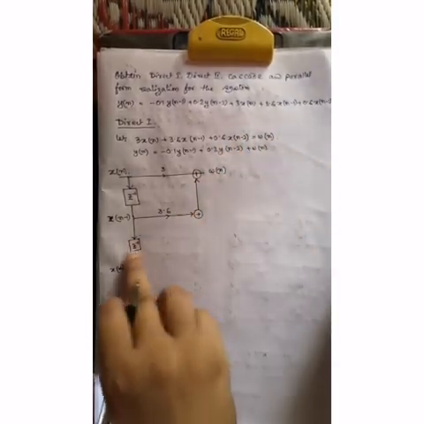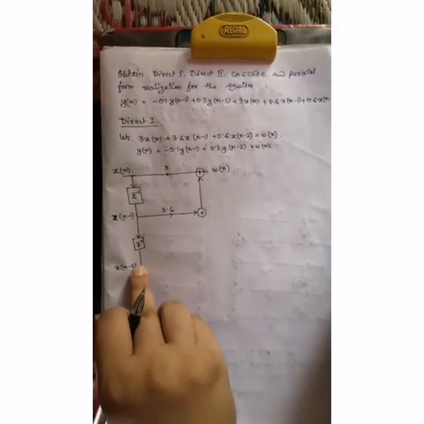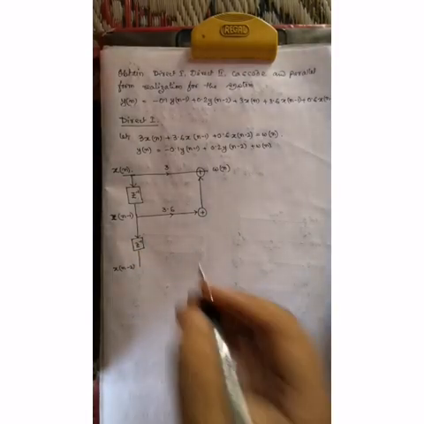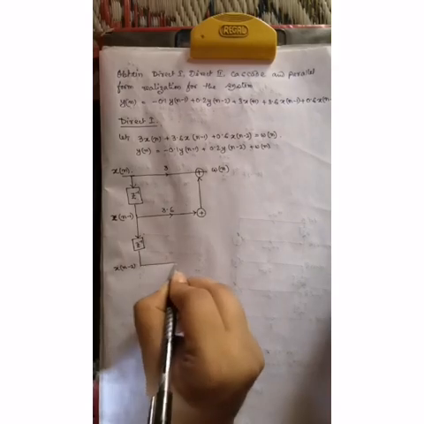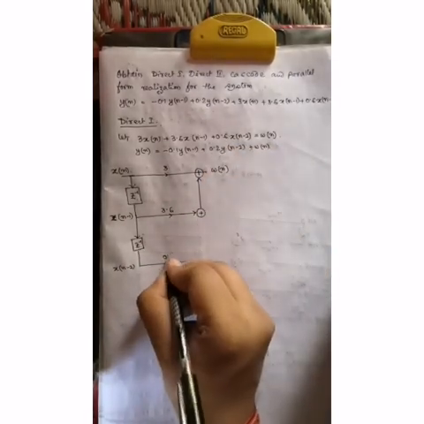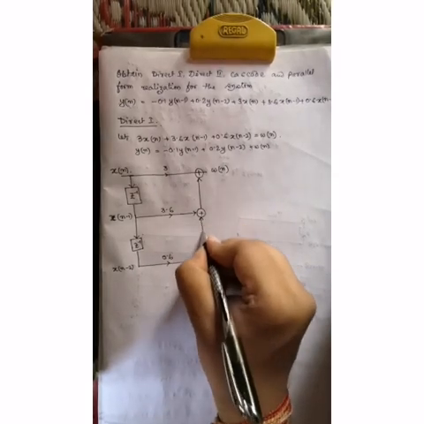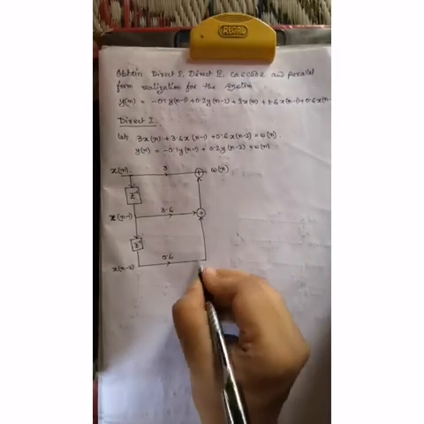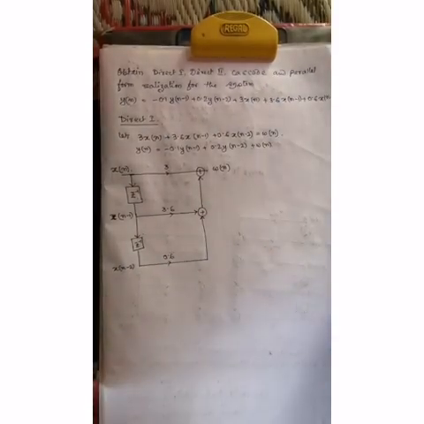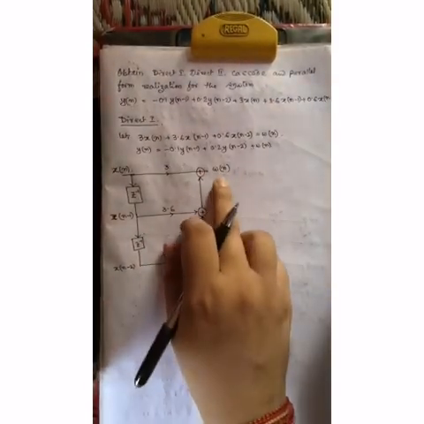This is x n minus 2, and if we need x n minus 3 or x n minus 4, we have to put another z inverse block. Similarly, we put the value 0.6. There is no other summation because we don't have another part. So this wn becomes this part.